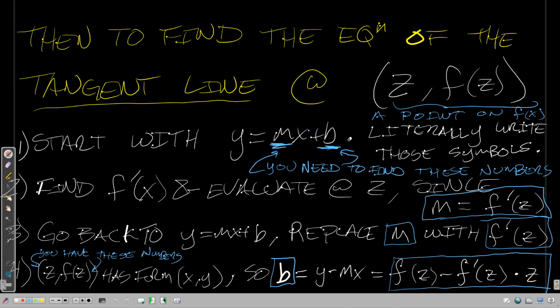Then, when you are asked to find the equation of the tangent line at a particular point, like z comma f of z, follow these steps and you will have it. I want you to literally write y equals mx plus b.